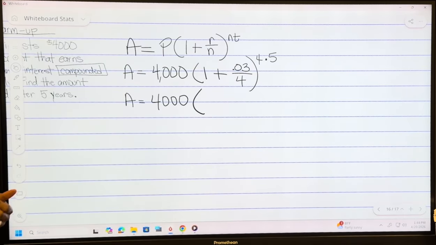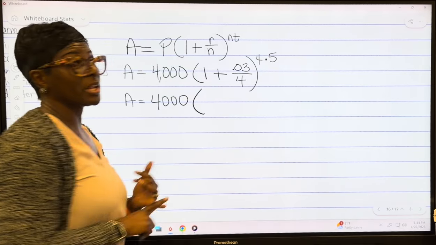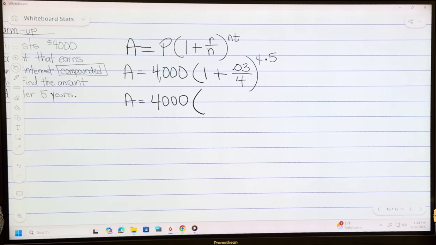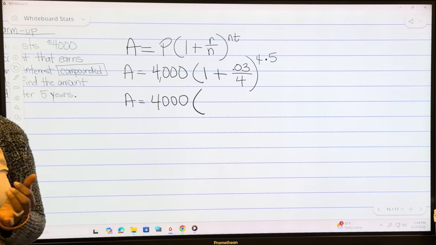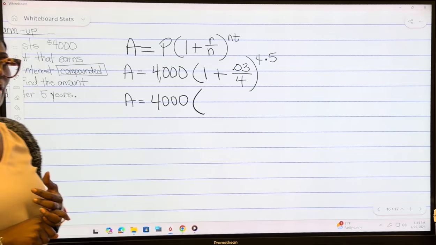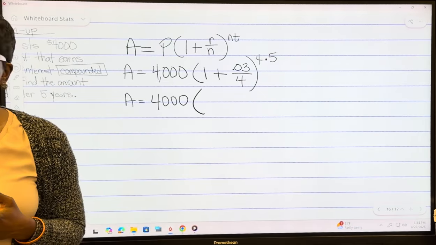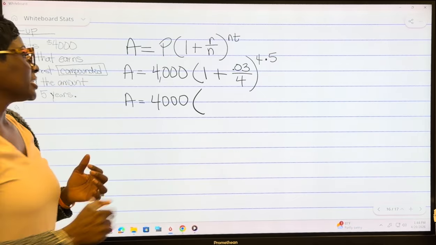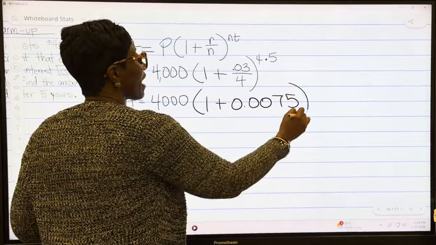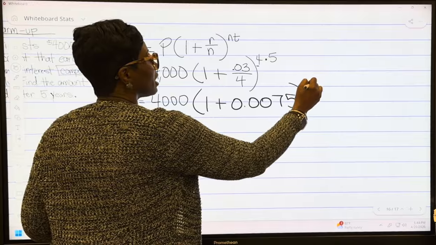What am I putting in the calculator? 0.03 divided by 4, which is 0.0075. So it's 1 plus 0.0075, and then 4 times 5 gives me 20.